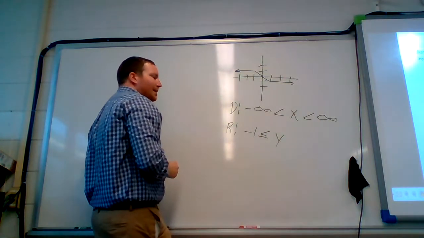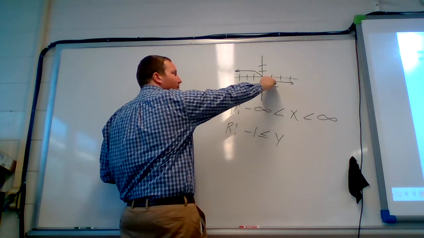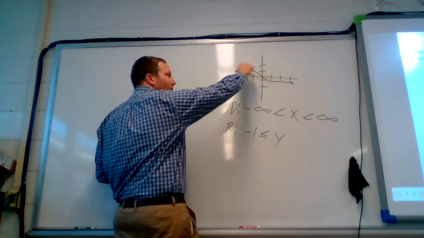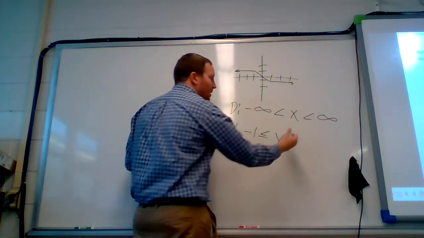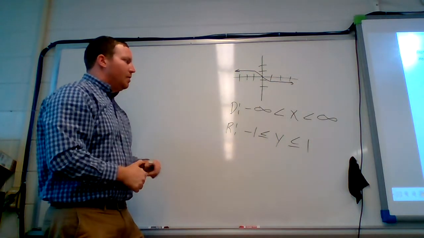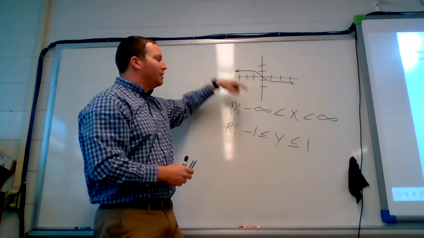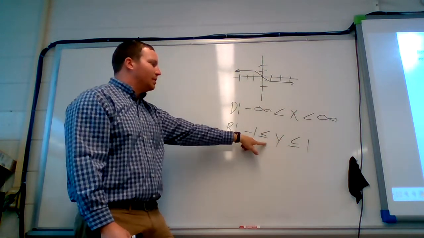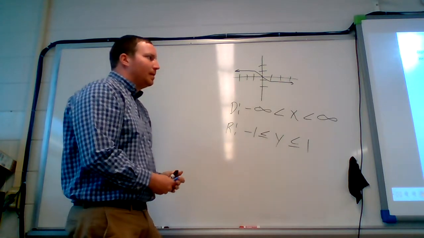So -1 is less than or equal to y. How high up do we go? What's our highest point? +1. So there's our range. We can touch -1, we touch +1, so we're going to include those values in our set of all of our y values.